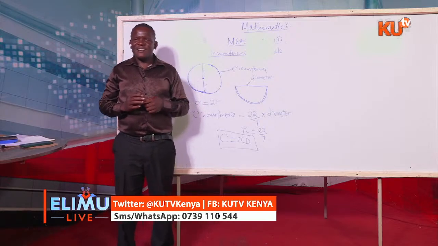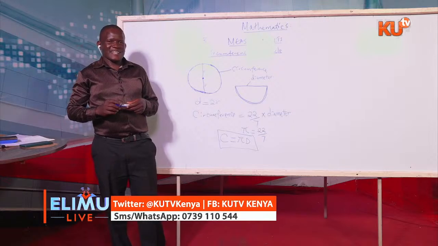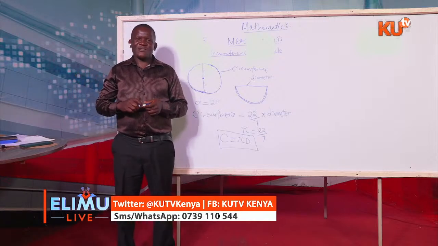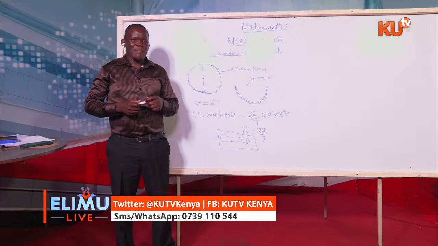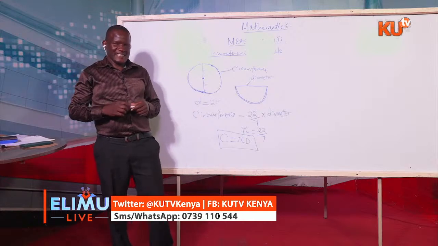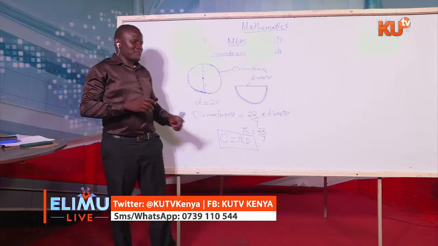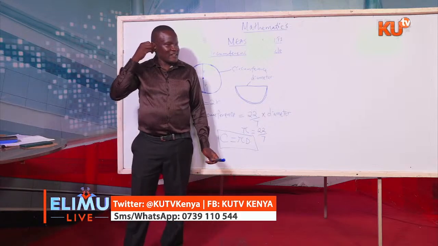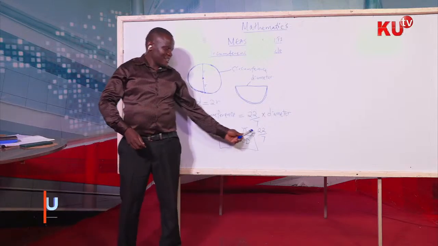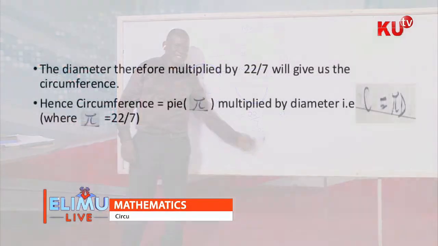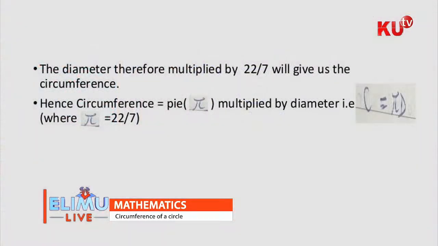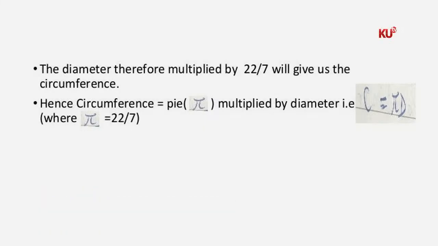The formula for finding the circumference of a circle is given by pi d. And pi, we have said, is equal to 22/7. This 22/7 is a mathematical constant.